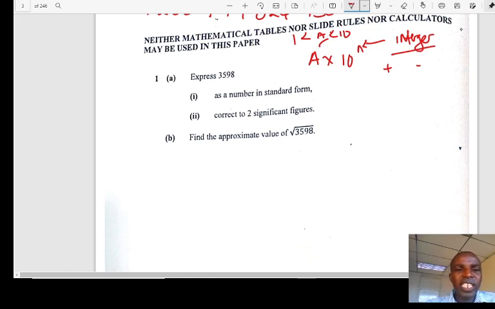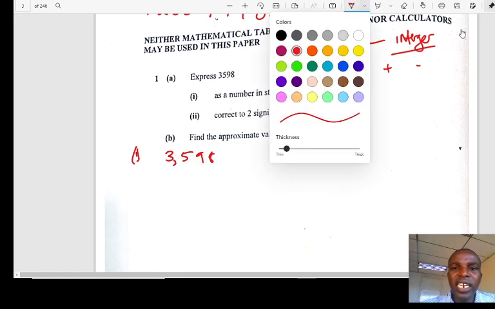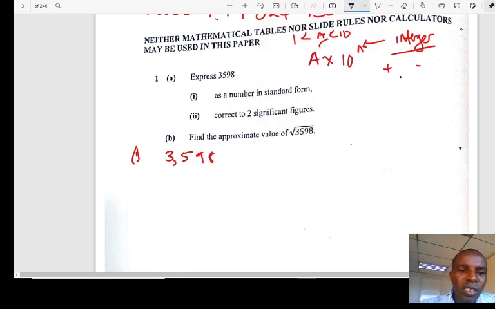Right, so let's express this one in standard form. You write 3598. For this to be a number between 1 and 10, your comma is supposed to be between 3 and 5 here. Initially your comma is at the last digit, so you put it there.